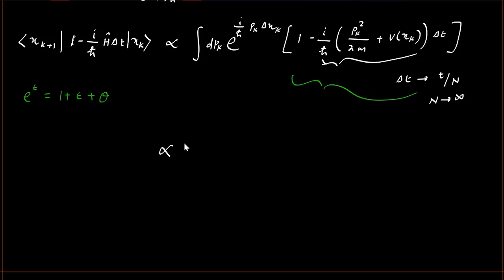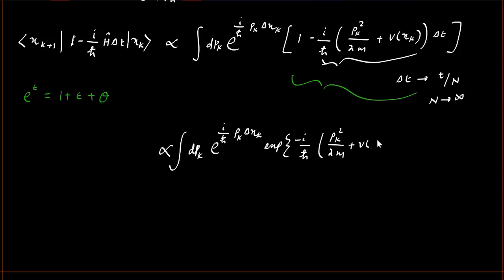So this term is proportional to the integration dp_k e to the power i by h cross, e of k, delta x of k, again exponential, this term is minus i by h cross, p_k square by 2m plus V of x_k, delta t.